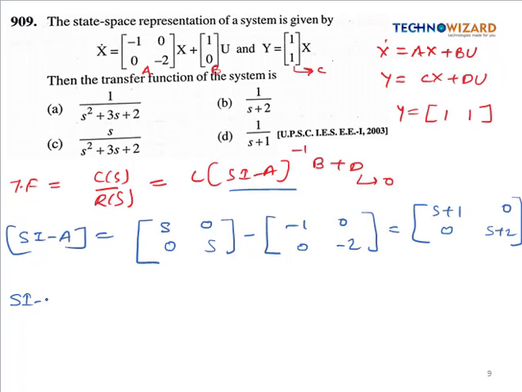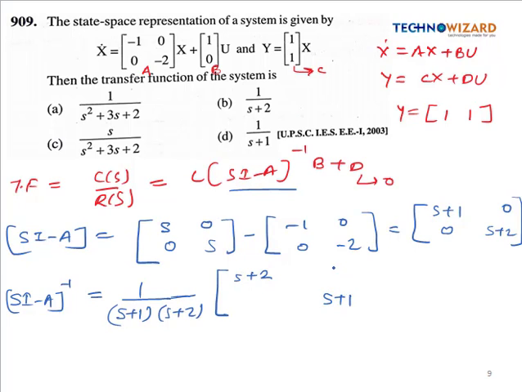Its inverse will be equal to adjoint of A divided by determinant of A. So the determinant value will be 1 by (s plus 1) into (s plus 2), and for its adjoint the main diagonal elements change position and the non-diagonal signs change, but negative 0 will remain 0 only.